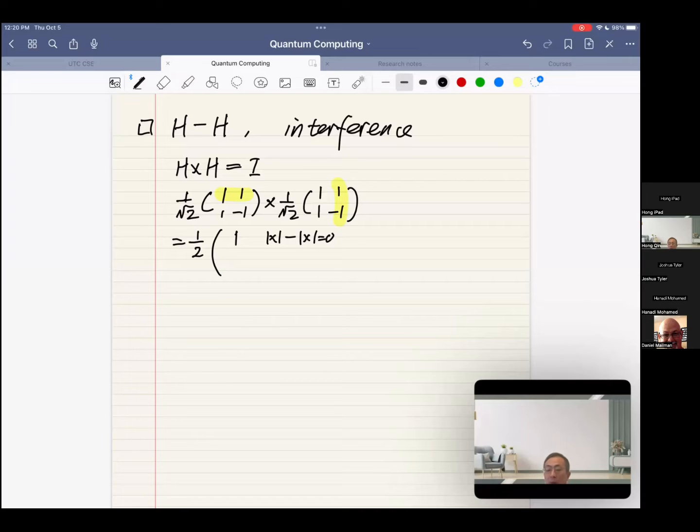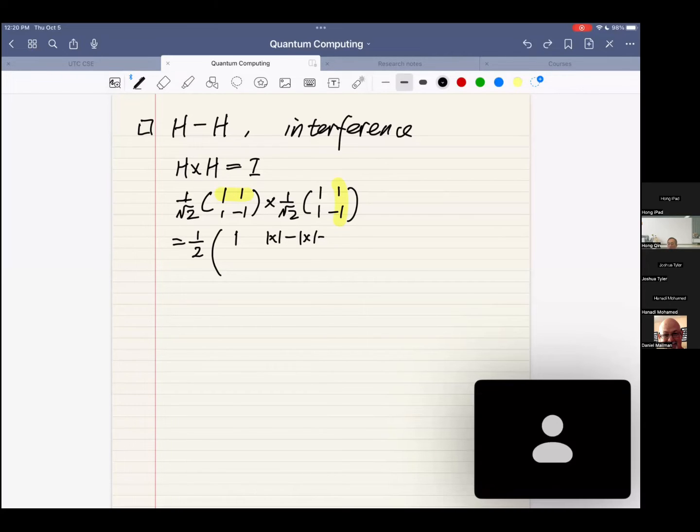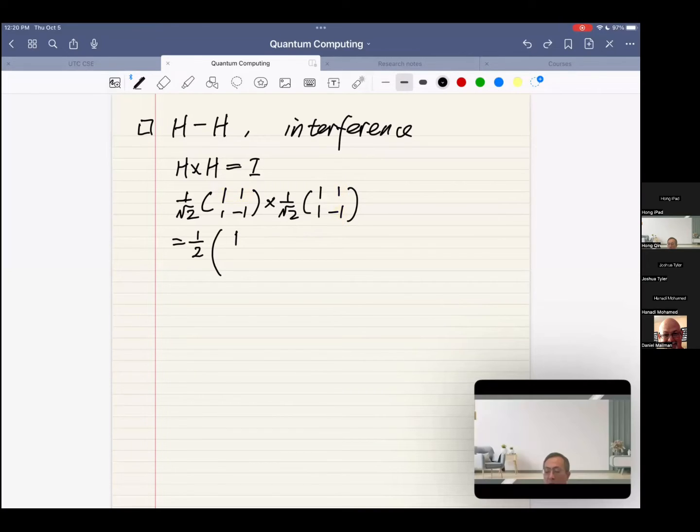I just realized it will be easier, I think, if you distribute 1 over square root of 2 first and then multiply. Yeah. This one will be 1 minus 1, which is 0, and this one is also 1 minus 1.